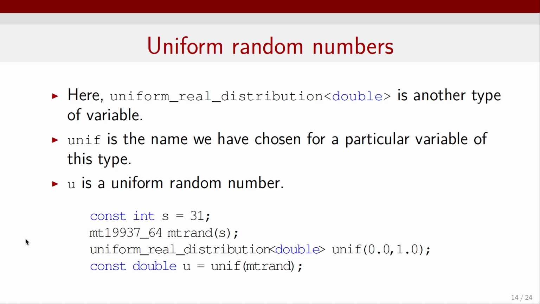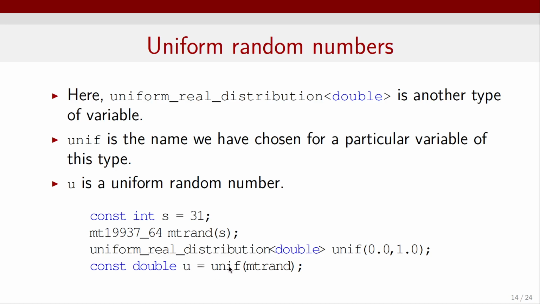In this code here, uniform_real_distribution<double> is another type of variable, just like vector<double> was. unif is the name we have chosen for a particular variable of this type. And here U is a uniform random number. So when I say const double U, that is a double.